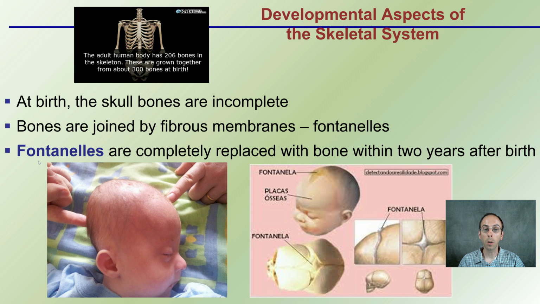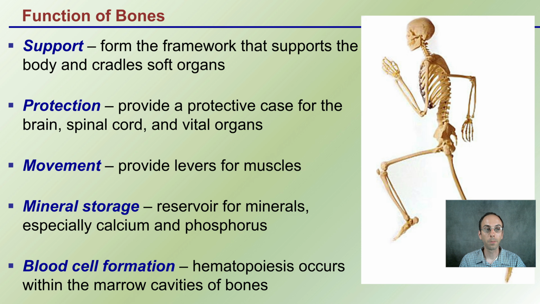These fontanelles are completely replaced with bone within 2 years after birth. So if you have a very early newborn, there'll be little soft spots in their head, and those are the fontanelles. That's the gap between the plates within their skull that haven't quite fused yet. That's to help with the birthing process and also allow the brain to grow and develop.